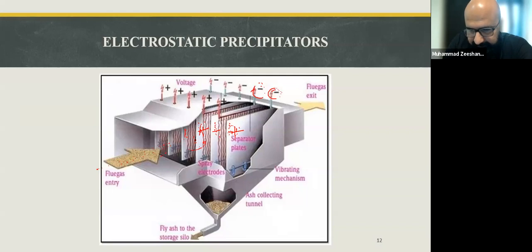That's why they all have a lower limit of mass of the particulate matter that they can remove, but they can't remove particulate matter below a certain size. Whereas the electrostatic precipitator is not dependent on the mass of the particle, so it can handle all sizes of particulate matter.